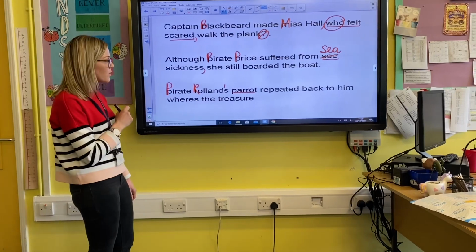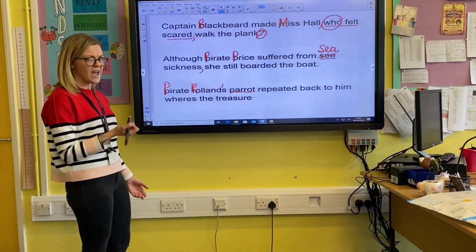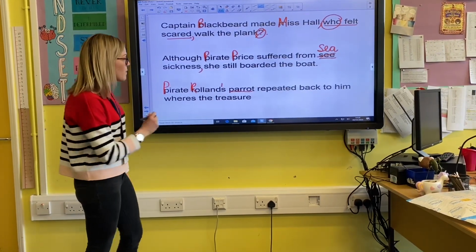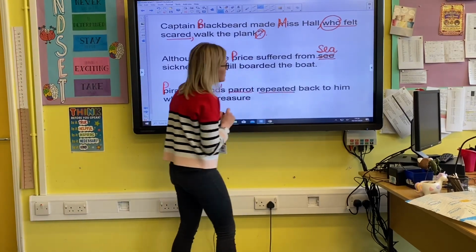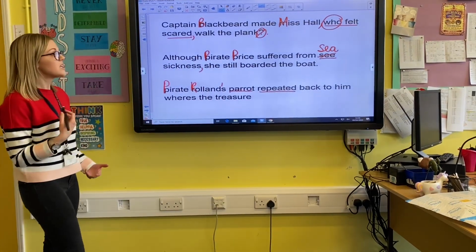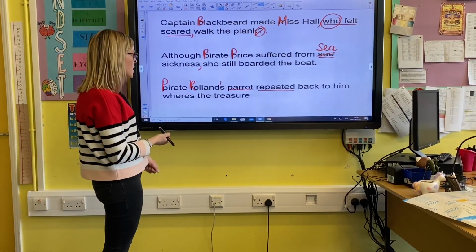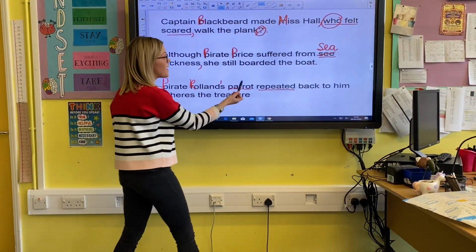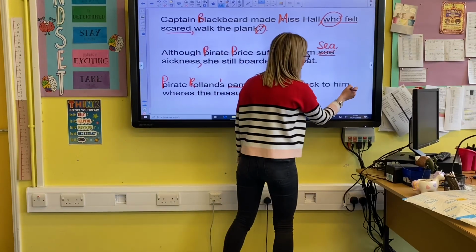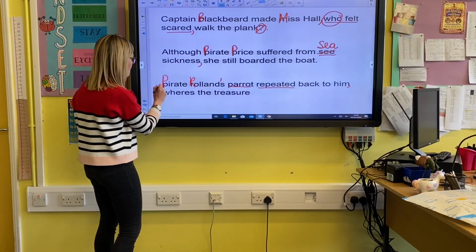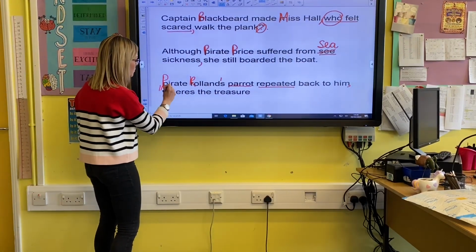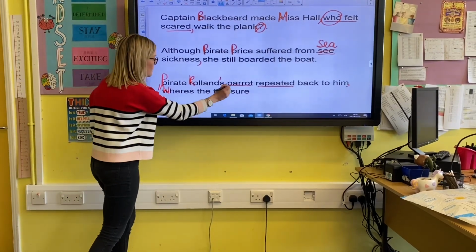Pirate Roland's parrot repeated back to him, "Where's the treasure?" So repeated, this is a synonym for said, so we know that we're going to have some direct speech here. So Pirate Roland's parrot repeated back to him, comma, inverted commas, capital letter, "Where's the treasure?"